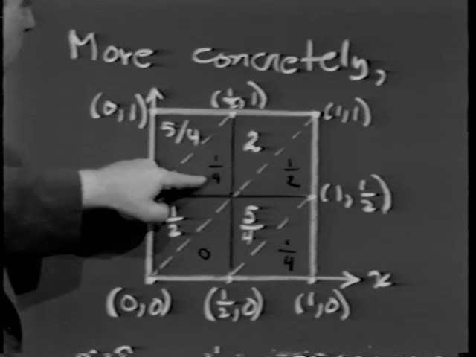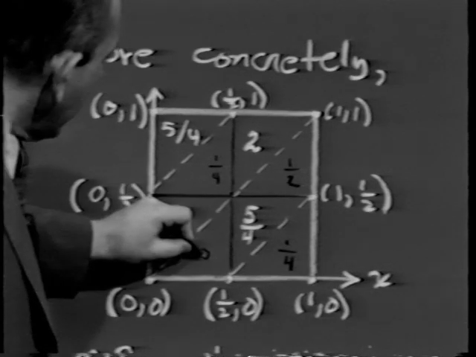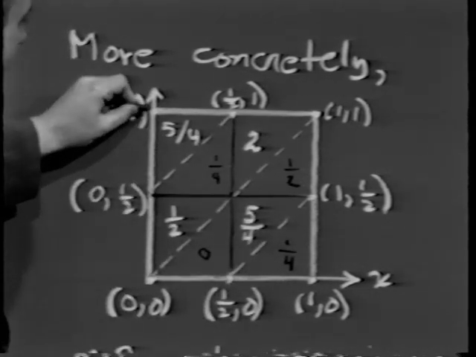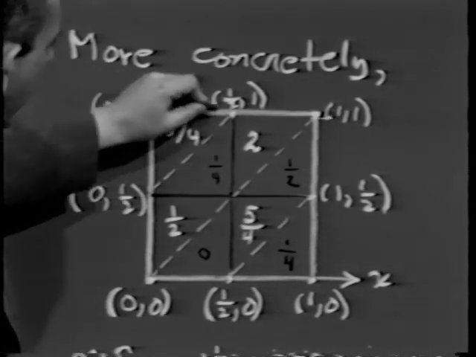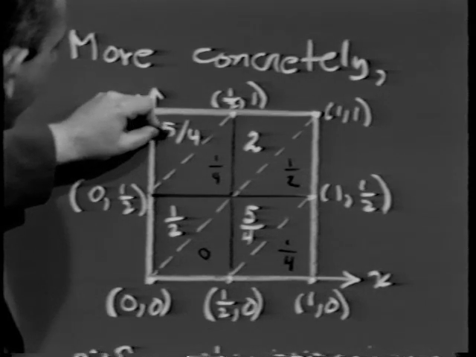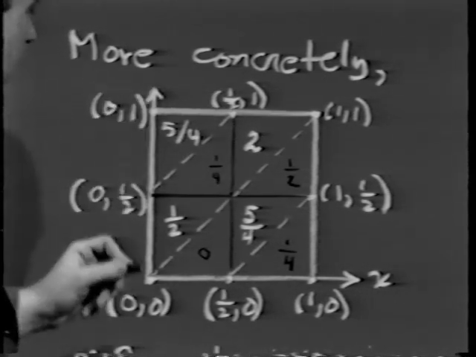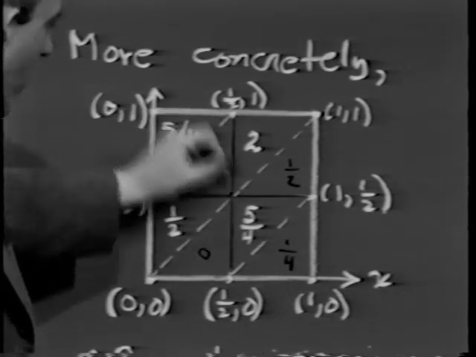I can now compute that mass, and I know that that mass must be less than the mass that I'm looking for because I have picked the lowest possible density in each quadrant. Correspondingly, if I now compute the mass of another plate which has the same shape, but in which each quadrant has the greatest value of the density in that quadrant, that must give me an over-approximation. And so my mass is caught between these two.